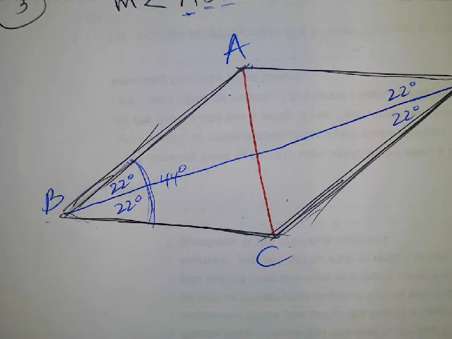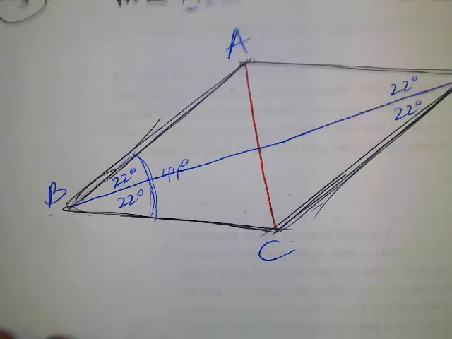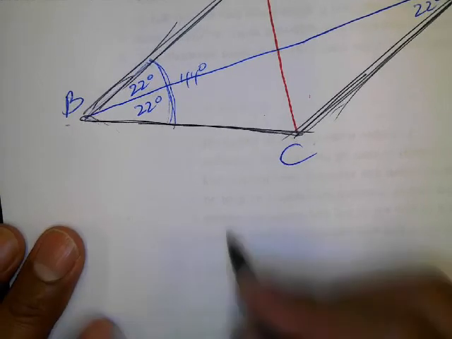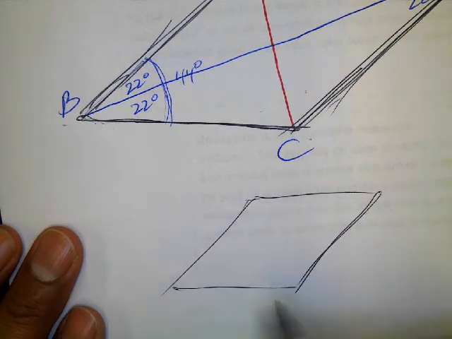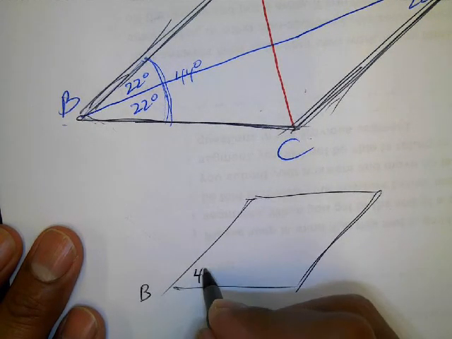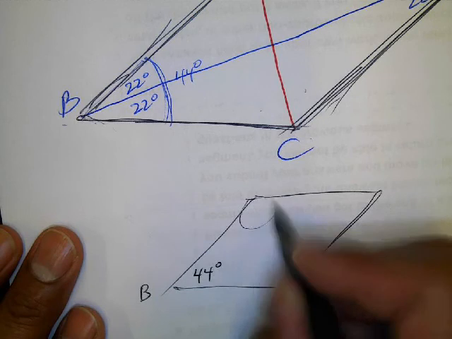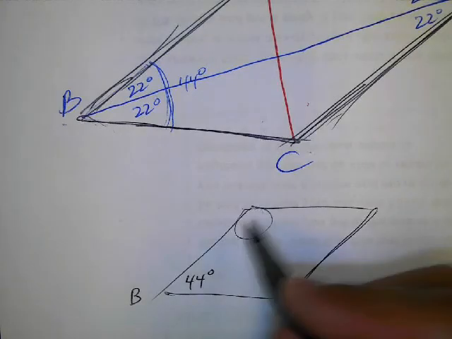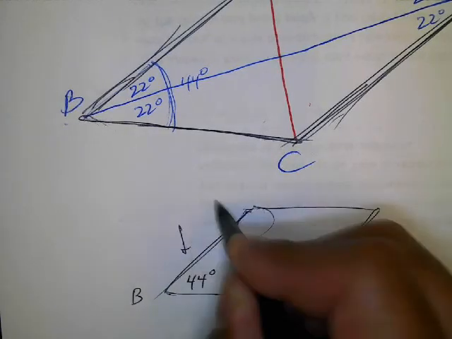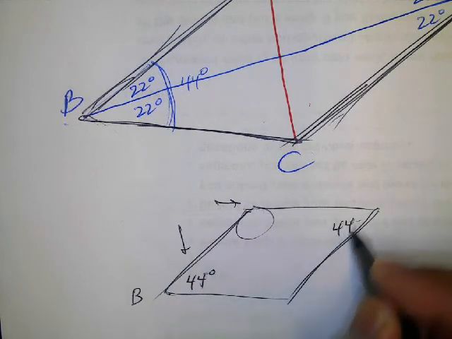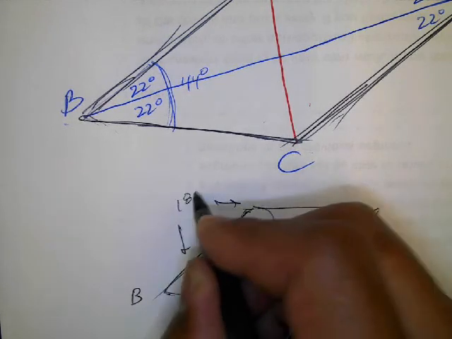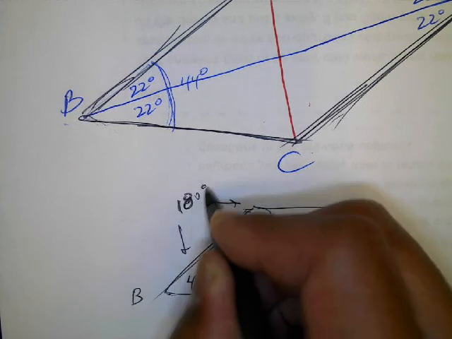And what I actually should have done is, let me just draw a really quick sketch right here. When I knew that this angle B was 44, I should have got this one too, right? Because these are same side, and these are not congruent. Only opposite angles are congruent. This one's 44, this one's 44, but these two have to add up to 180.